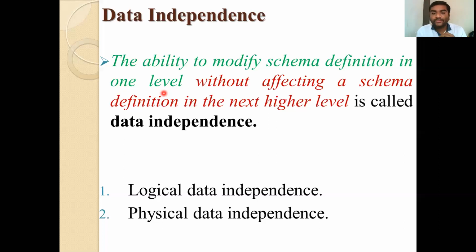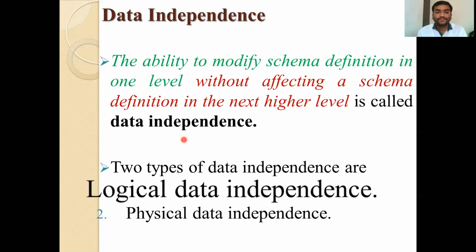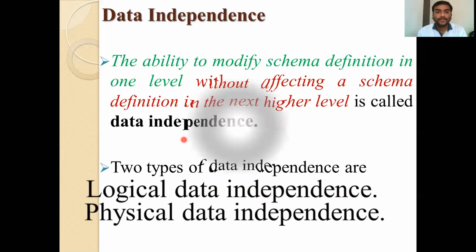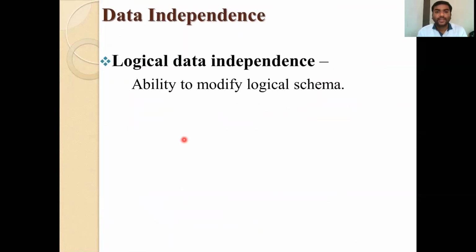Now there are two types of data independence. First is logical data independence and second is physical data independence. Logical data independence means the ability to modify the logical schema. It means the database administrator modifies the logical level, that is, what type of data is stored.